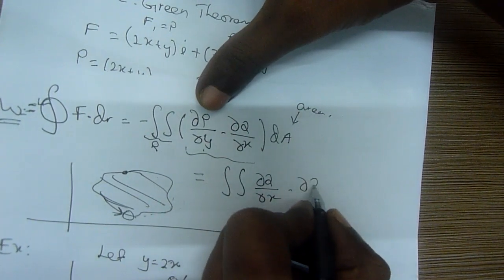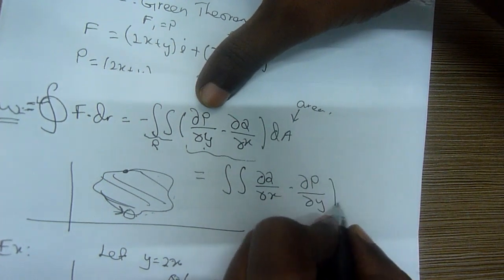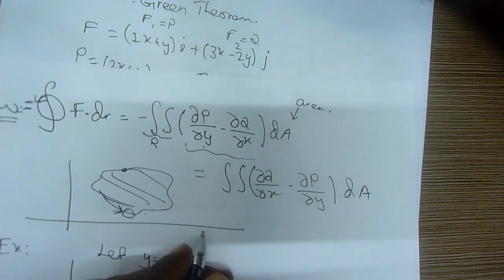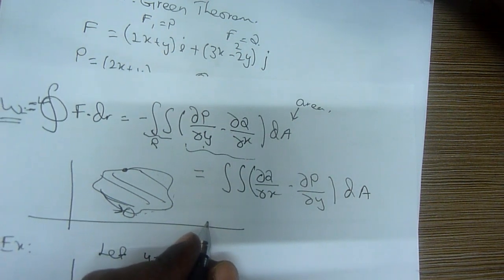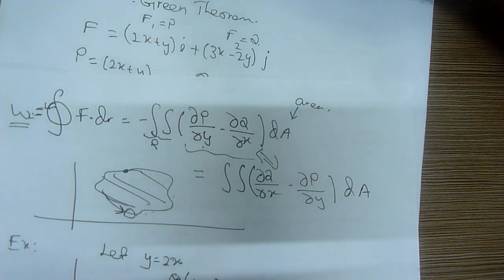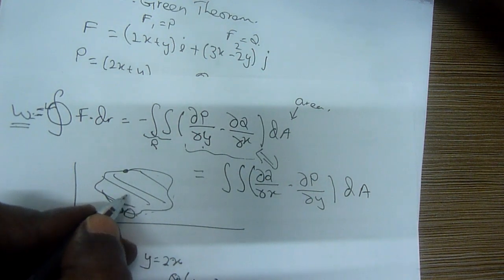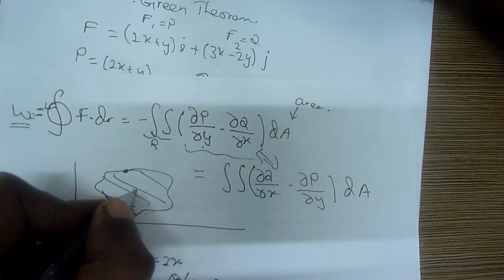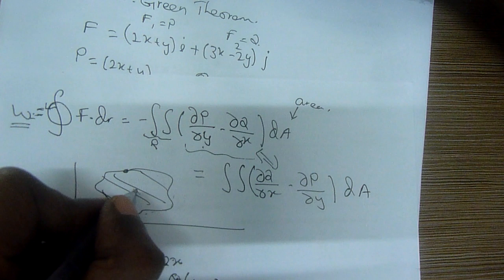Okay, the idea is this: ∂P/∂y for the case dA. What is the difference? The difference is, as I say, perspective. The perspective is whether you are looking from which point of view, inside or outside.